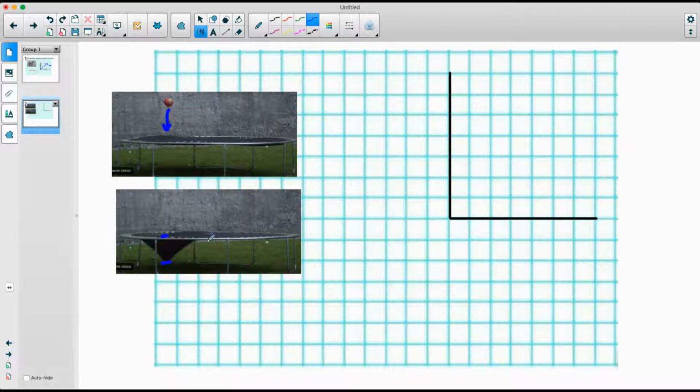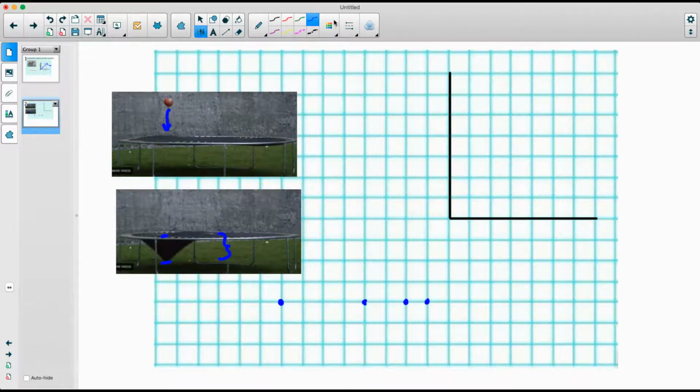So we are going to motion diagram this portion of its motion right there, from when it hits the trampoline to when it comes to a stop. All right, so in this case, the ball is moving really fast before it gets to the trampoline, and then the trampoline slows it down. Okay, so then the next set of dots have to be less close like that. So that shows the object slowing down.